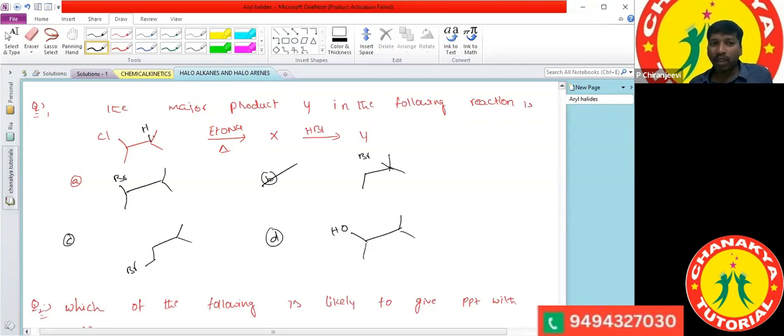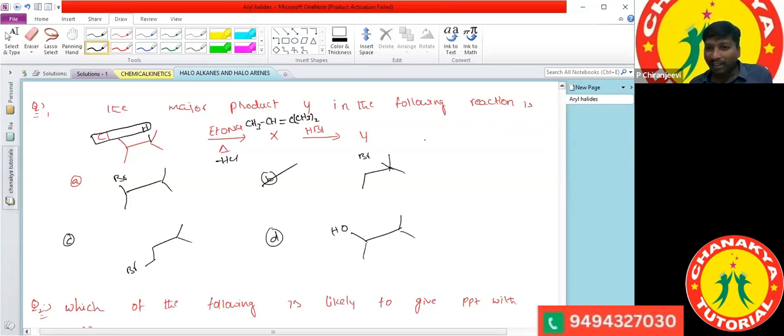If we remove Cl and H of HCl, it forms CH3-CH=C(CH3)2. This we can call 2-methylbutene.